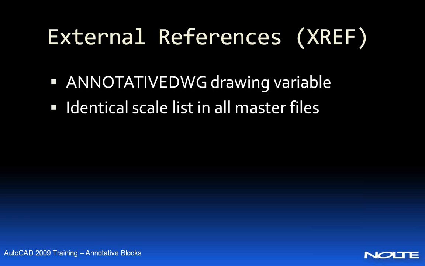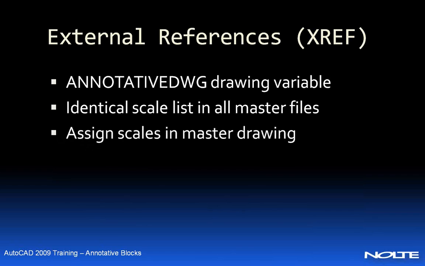Even though they may have the same scale factor, they are different scale names, so I will never be able to display objects from both of those drawings at the same scale. So you need to make sure, again, that you're using the exact same scale list, which is why I showed you that cleanup utility at the beginning of this presentation.